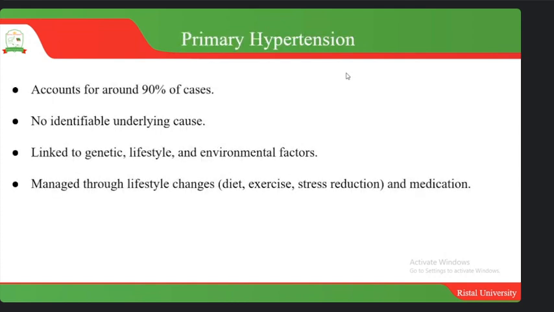So let's talk about each of them. Here, primary hypertension, they say, accounts for around 90% of the cases of hypertension, and it is not identifiable. It does not have any underlying cause. It is linked to genetic, lifestyle, and environmental factors.